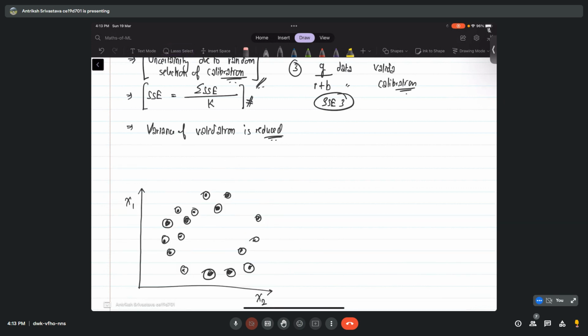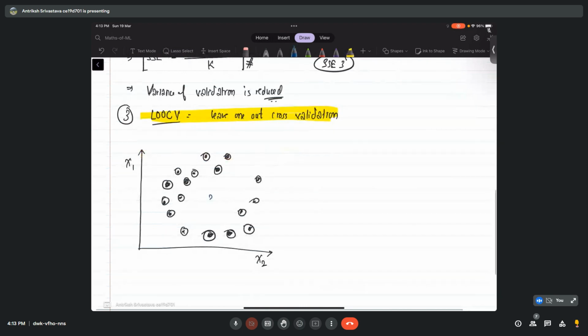So the third type is leave one out cross validation. So what we did, let's say this is 20 data sets. You can count it if you want, and I divide the 20 data sets into 20 groups, 20 subsets. So that means that k is basically 20.